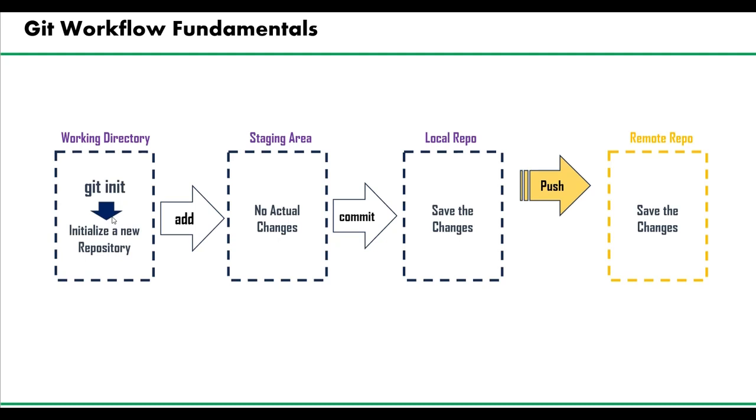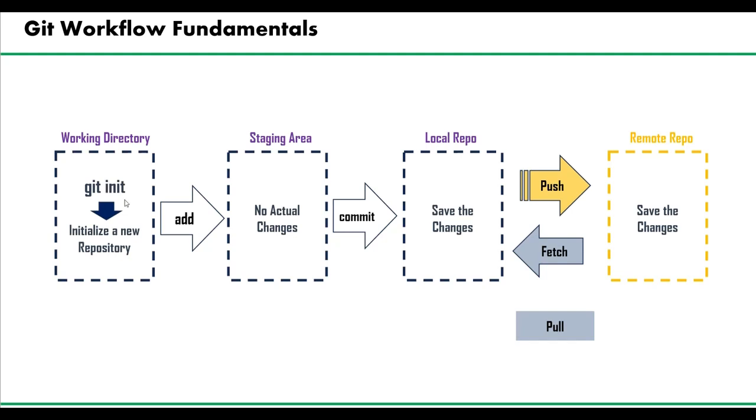If this is the case, then we need to use fetch or pull commands, these two commands. Okay, what are these commands? Let me explain them. So in Git, the fetch command is used to retrieve changes from a remote repository without automatically merging them into your local working directory.